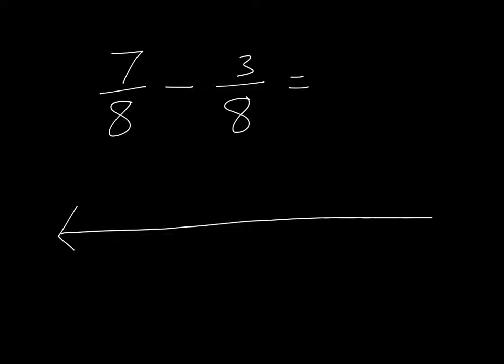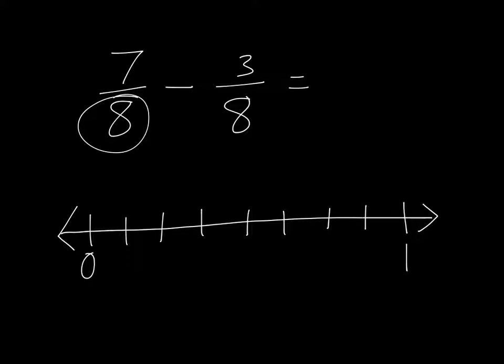For our next problem, we are also going to deal with fractions that are less than 1. We have 7/8 minus 3/8. Now if I put this on a number line, I'm going to mark my 0 here, my 1 whole here, and because my unit is eighths, I'm going to break this into eighths. I'm going to find where 7/8 is on the number line, and since I'm subtracting 3/8, I'm going to start at 7/8 and go backwards on the number line 3/8.